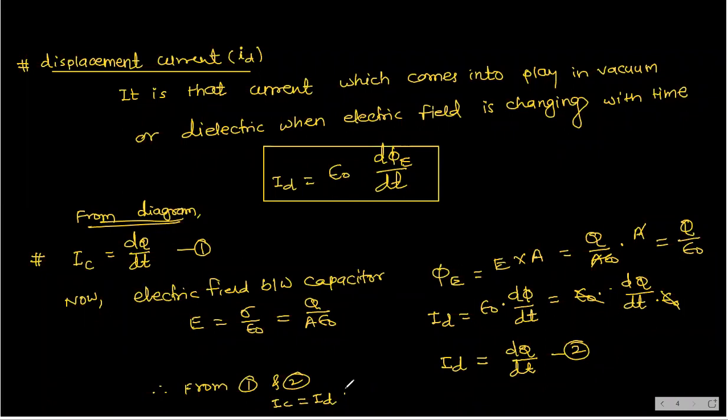Understood? Clear? This conduction current is due to the charge flow through the wire, and that's why I have written dq by dt. Whereas when we are dealing with the space between the capacitor, you have an electric field, which is sigma by epsilon naught. Then we replace sigma, and with area A, the flux is E into A. You find this flux, substitute this d phi by dt value in the displacement current, cancel the epsilon naught, and again you get Id only.